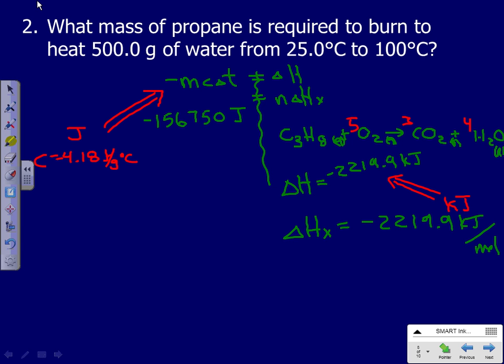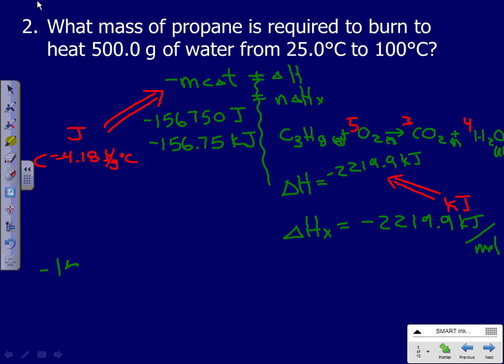Either way, it doesn't matter. Again, using equations versus using conversion factors, I don't care. I'm going to use the conversion factors just because it's easier on space. So if I turn this to kilojoules, negative 156.75 kilojoules, which is way too many significant digits, but we'll round back later on.